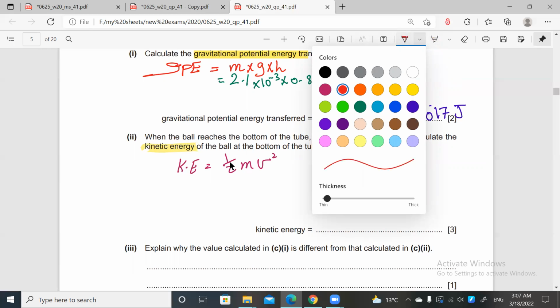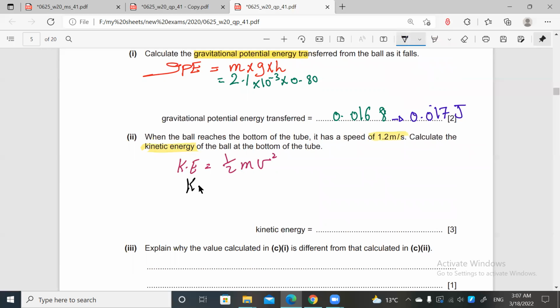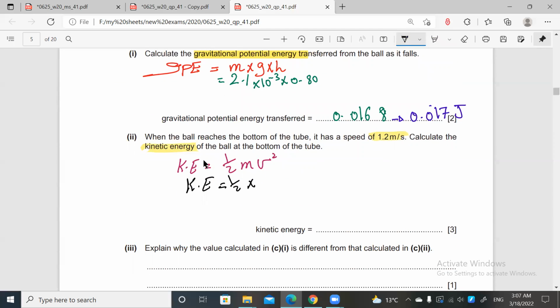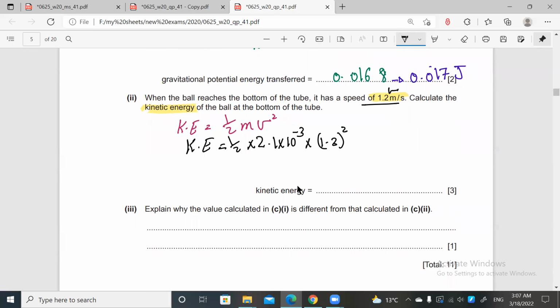To calculate the kinetic energy, you can multiply half times the mass, which is given in the question in the first part, 2.1, of course, times 10 to the power -3, times the velocity. The velocity here equals 1.2. Don't forget to square the velocity.